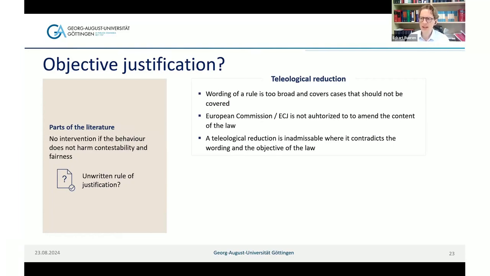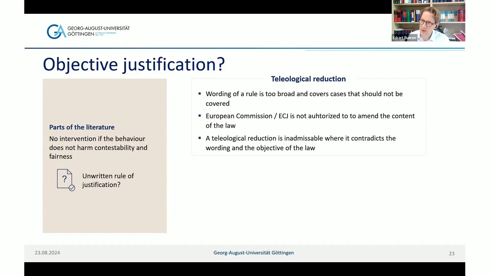So if we think the DMA is just too broad, it prohibits behavior that is not harmful, and this contradicts primary law, we could think about, can we narrow the scope of the DMA by interpretation to put it in conformity with primary law that is superior to the DMA? This is the question that we can ask. However, we think that this does not work because the European Commission and the ECJ are not authorized to amend the content of the law in that way.